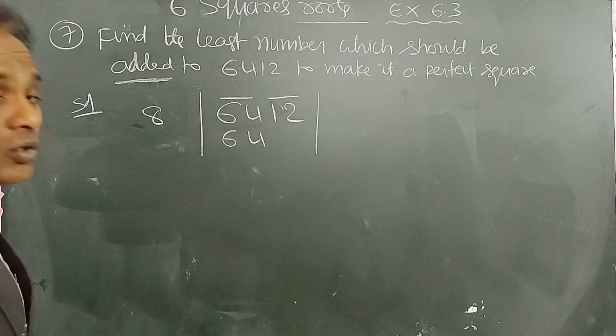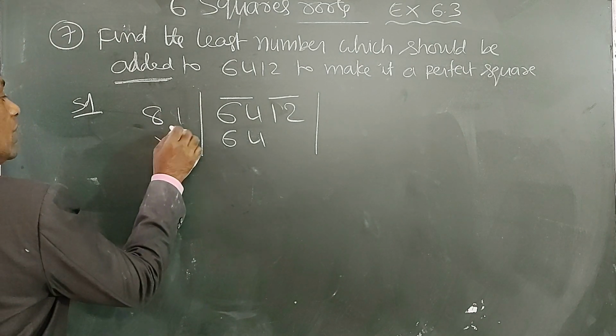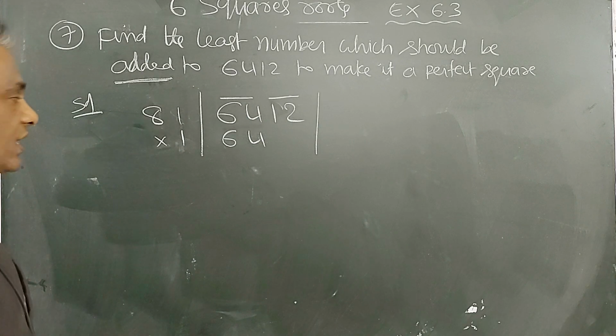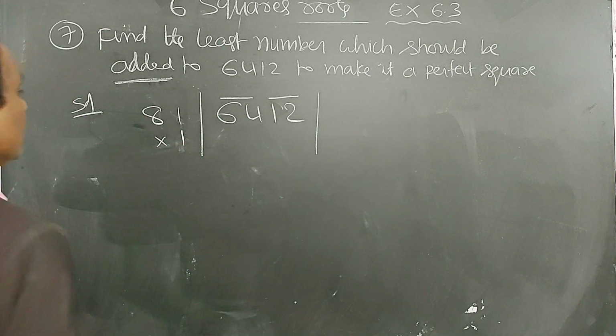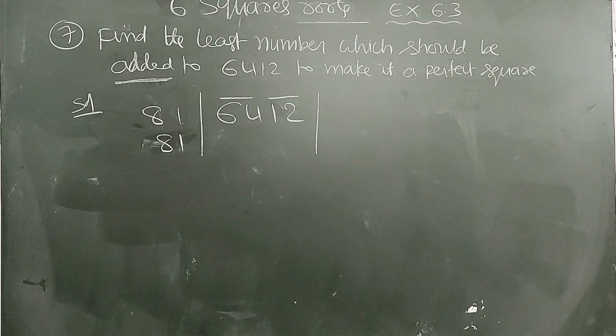So 6, 4, 1, 2 means 80 into 81 into 81. Let us try, 81 into 81.